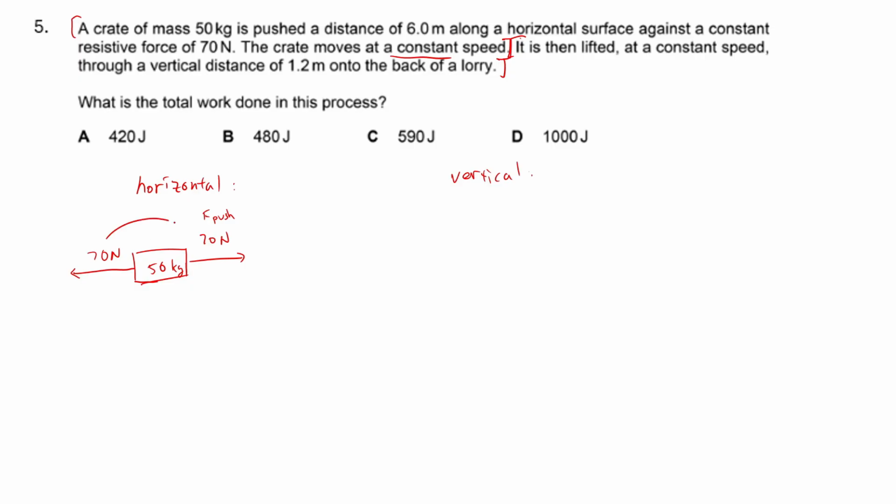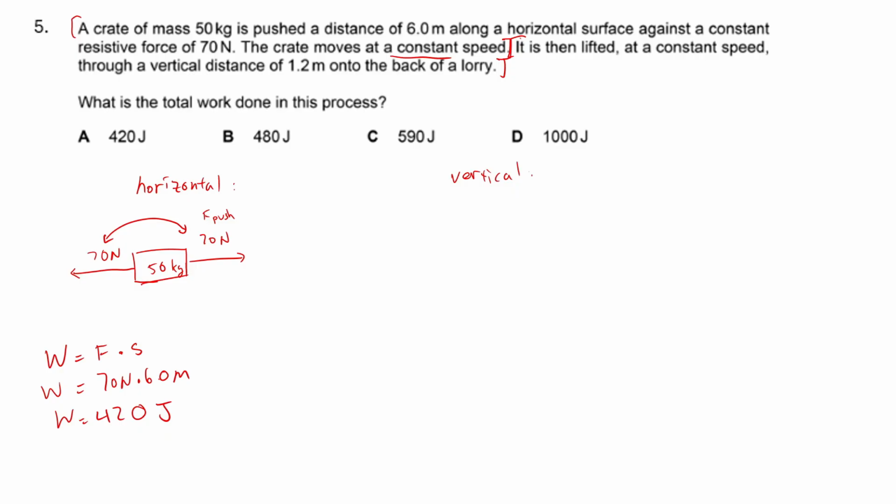That means that the forces here are equal. So the total work is the force times the distance. Our force is 70 newtons times 6.0 meters equals work. And we see that work here is 420 joules.